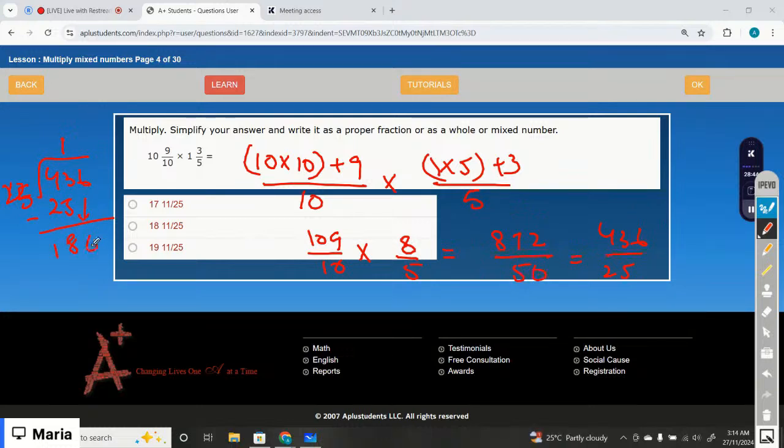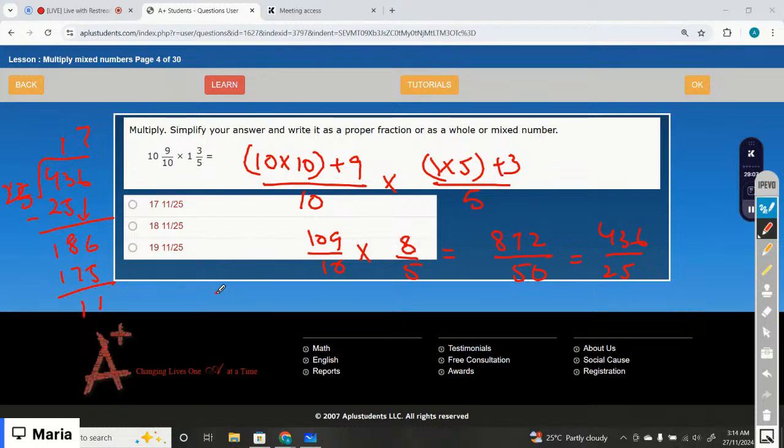Now bring 6 down, so we can go for 27 times. 25 times 7 is 175.